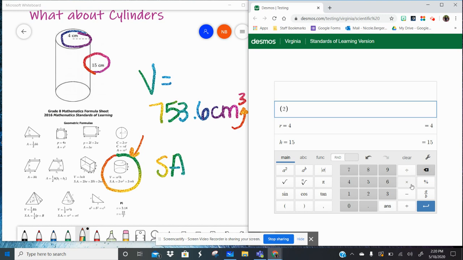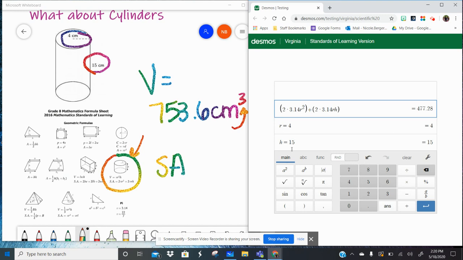So if I do 2 times 3.14, remember you're not using the symbol, r squared, plus, I'm going to do those parentheses again, 2 times 3.14 RH. Close out those parentheses.